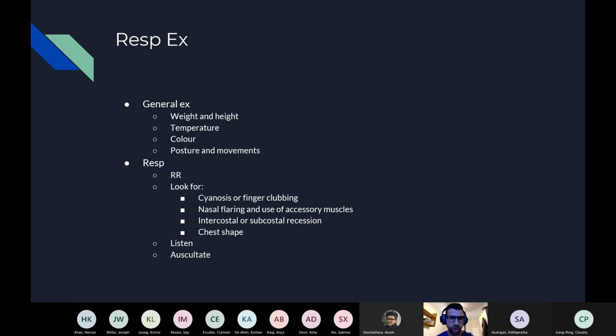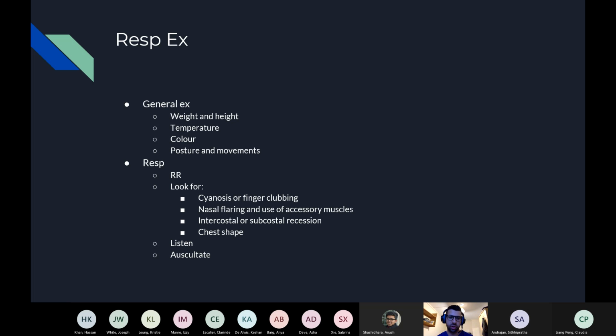Okay, respiratory exam. It's not very difficult to do this when you're doing a presentation, but basically you want to take a general examination. You want to know their weight, height, temperature, and the color they are, so you want to make sure there's no cyanosis. Are they moving okay, or are they quite floppy and still? Then the respiratory exam, more specific. You take the respiratory rate, and then look for certain signs.